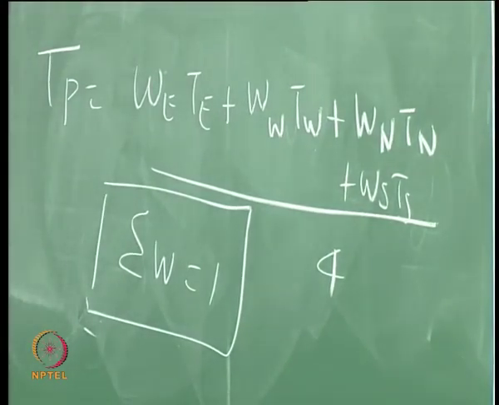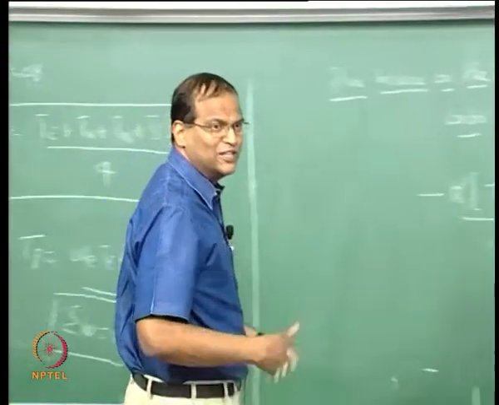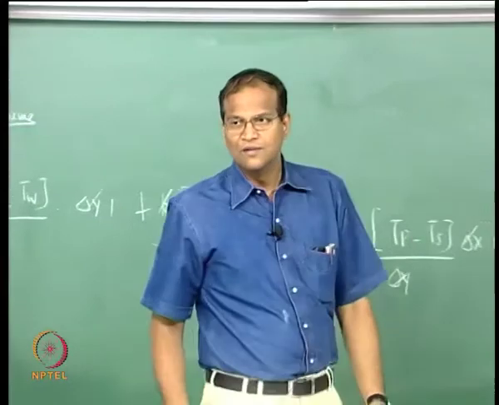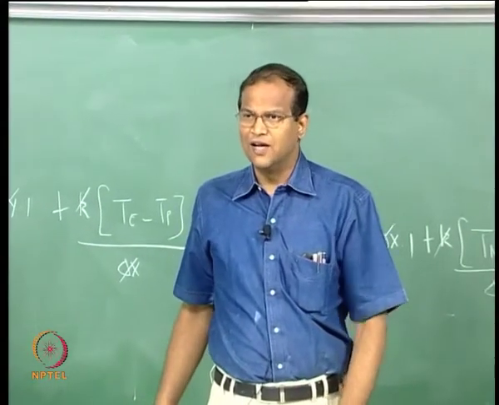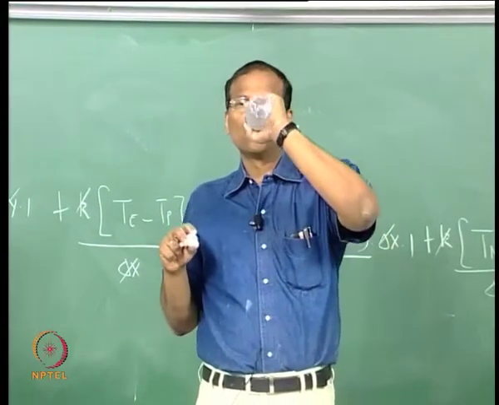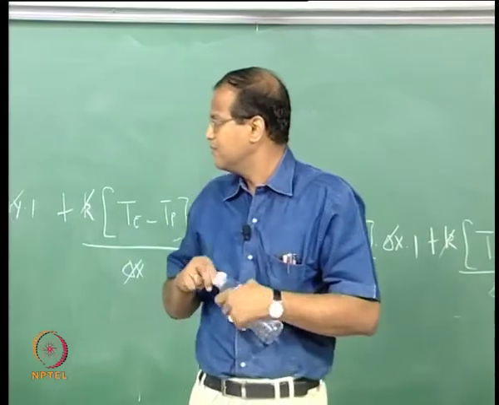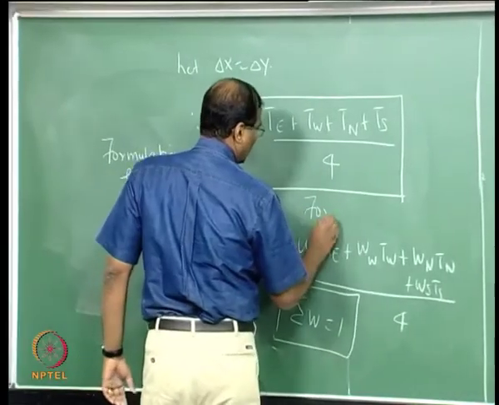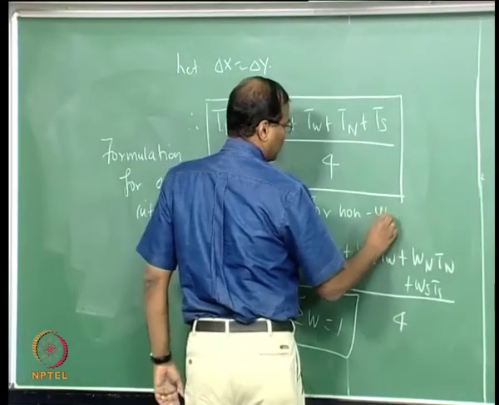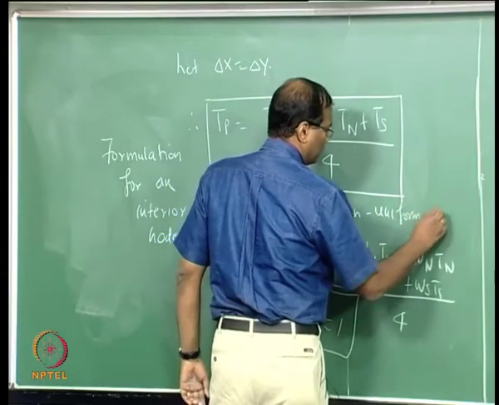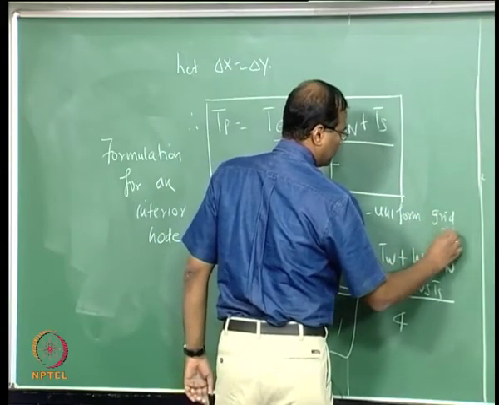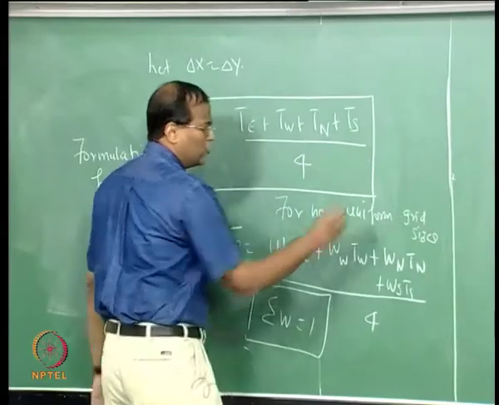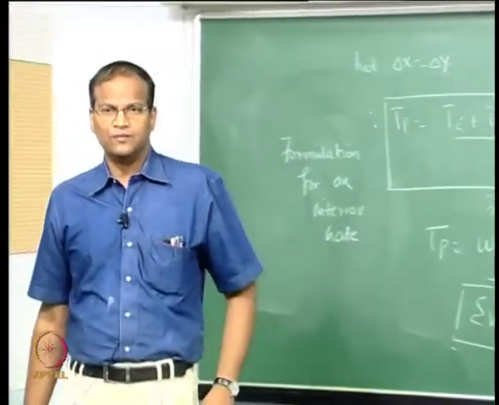The weights can be immediately calculated once you finalize the grid size. Once you decide your grid, the weights can be calculated for any ij, correct? For a uniform grid size all the w's are 0.25, is that clear?